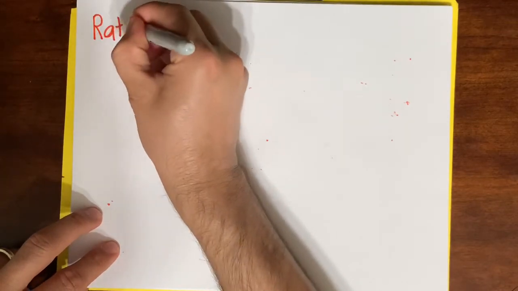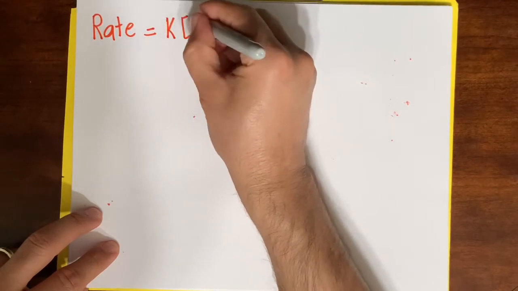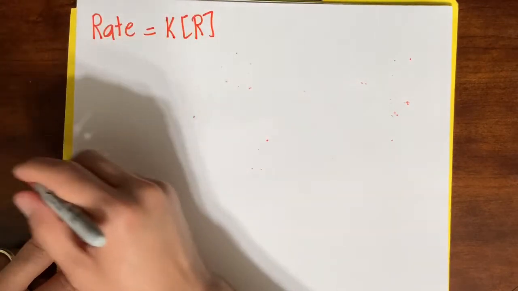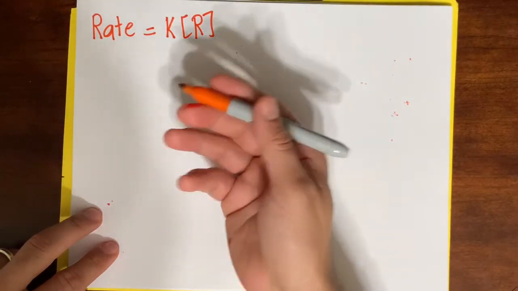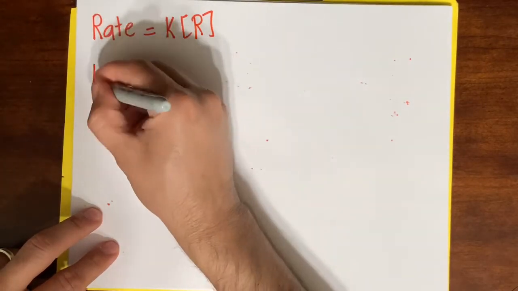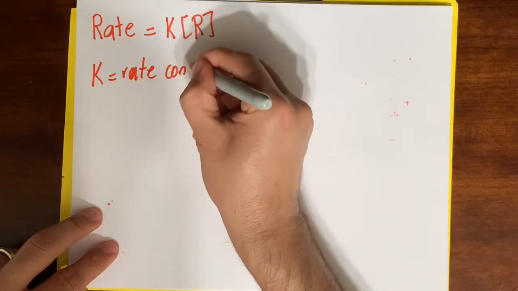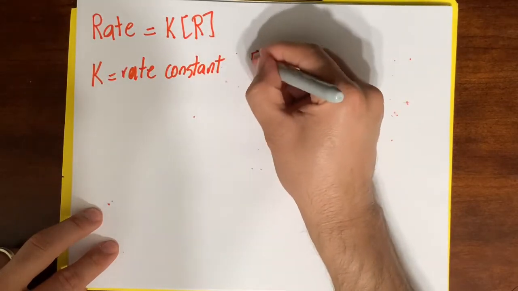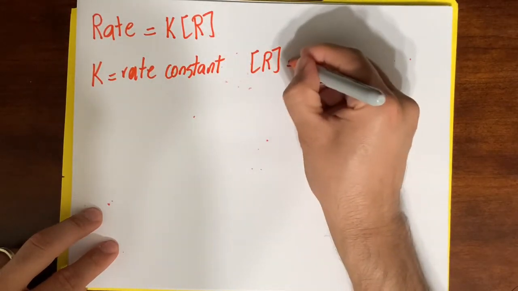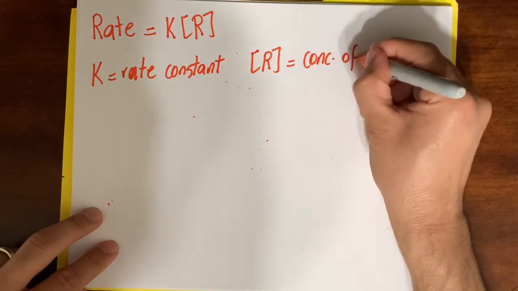Okay, let's focus on radioactivity, and I go with this one. Rate is equal to k multiplied by R. And here we're talking about the rate of a reaction. k is the rate constant, and R means the concentration of the reactant.